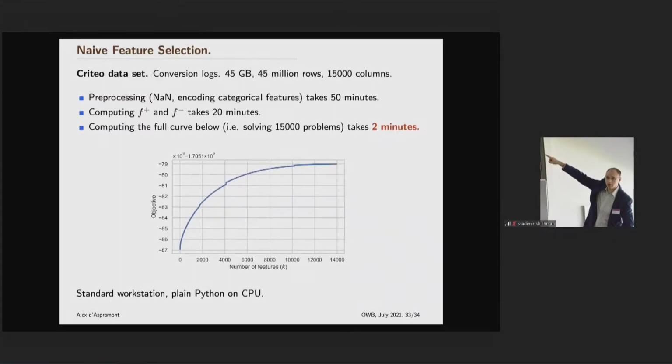And computing then the full trade-off curve, so target sparsity versus, computing basically 15,000 sparse naive Bayes problems, takes 2 minutes, right? So basically we've reached a point where, at least in this simple experiment, the feature selection computational complexity is negligible versus that of just pre-processing the data set.